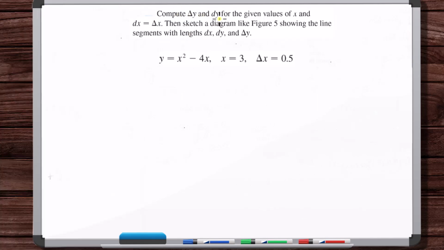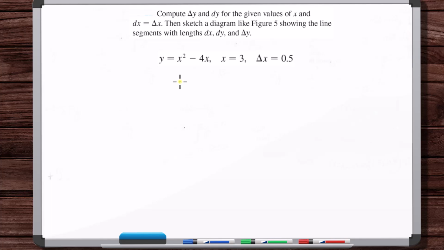Compute delta y and dy for the given values of x, and dx is equal to delta x. Then sketch a diagram like figure 5 showing the line segments with lengths dx, dy, and delta y. We're not going to sketch the diagram, but what they're doing with this diagram is they just want to make sure you understand what exactly dy, dx, delta x, and delta y are.